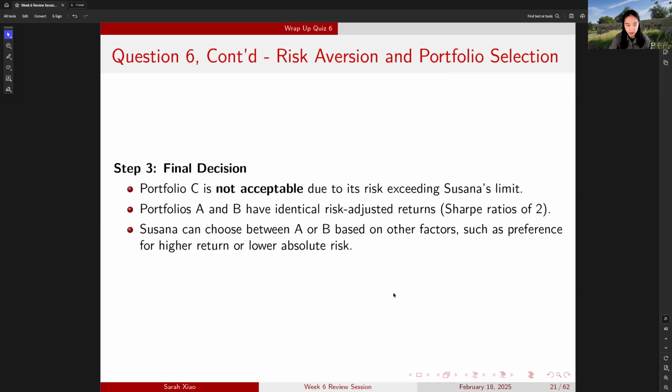So this indicates that portfolios A and B have identical risk-adjusted returns, and as a result, Susanna can choose between A and B based on other factors such as preference for higher return or lower absolute risk. But we know that portfolio C is strictly dominated by the 2 other portfolios. So C is the correct answer for this question.